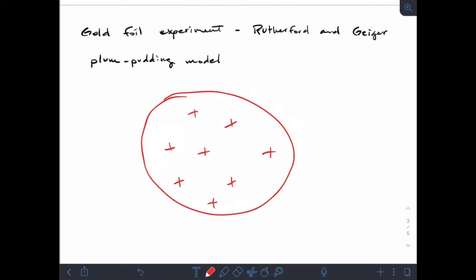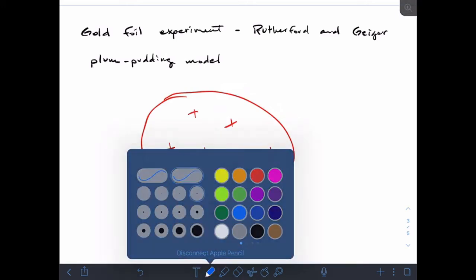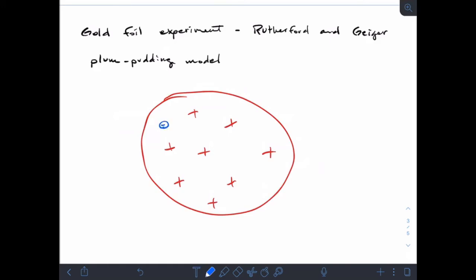The whole thing is positively charged. And interspersed within that positive charge are little units of negative charge that are the electrons. So they could verify that electrons existed.